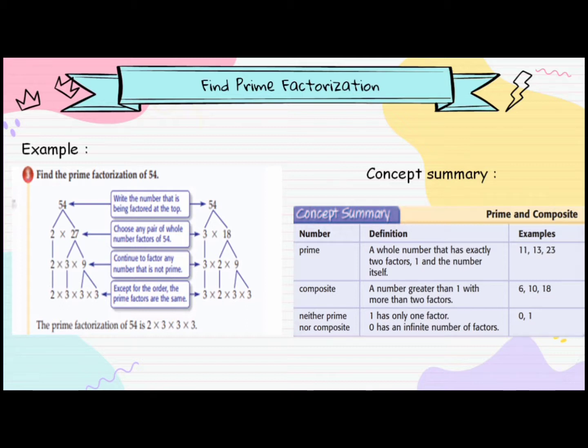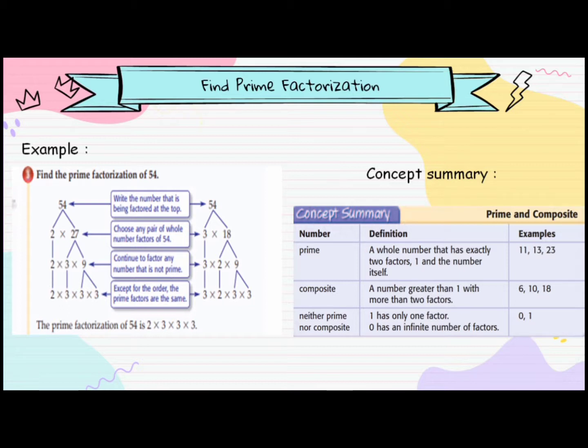Next, continue to factor any number that is not prime. And the last, except for the order, the prime factors are the same. So, the prime factorization of 54 is 2 times 3 times 3 times 3.